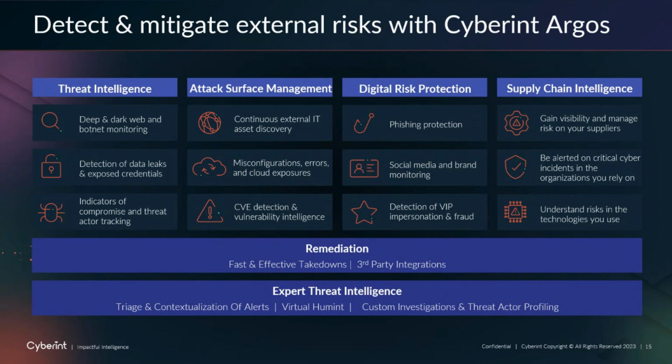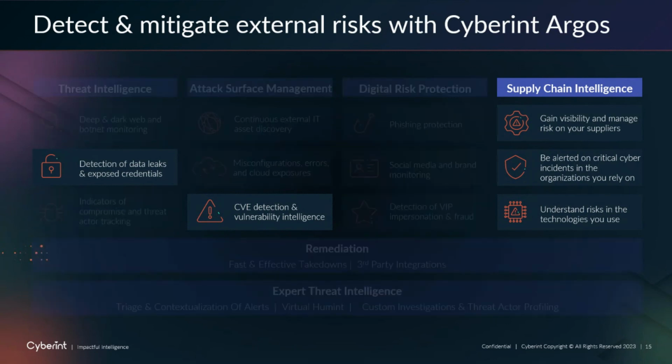Now, some of these things are particularly relevant to supply chain attacks. So one aspect is obviously supply chain intelligence, which is about discovering and monitoring your vendors to see if they are at high risk of being breached, or if they are right now experiencing an active breach.